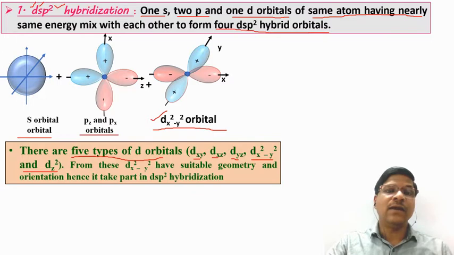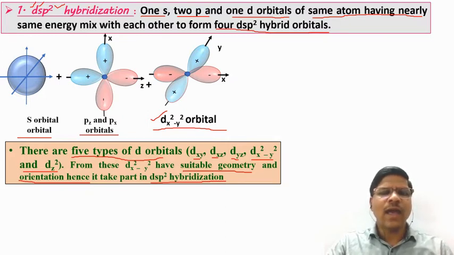Since it has suitable geometry and orientation to take part in dsp2 hybridization. So the orbital should have suitable geometry and orientation so that we can explain the hybridization and the orientation of orbitals in space.